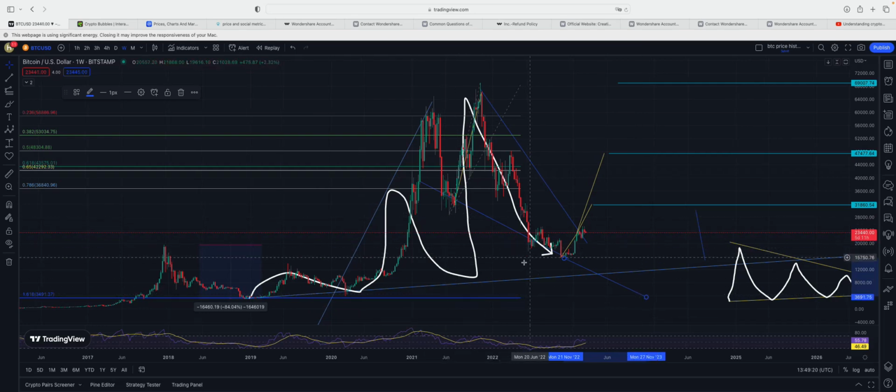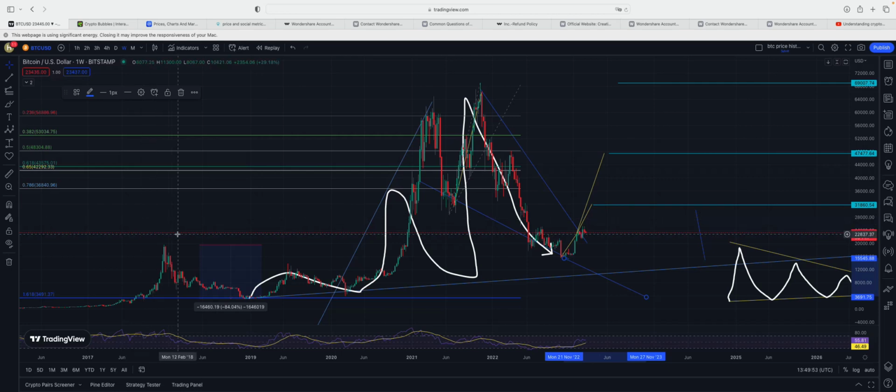So if this is to come to 3,000, it will not only be the confluence with the 1.618. 1.618 is like the center of everything for Fibonacci. It's kind of like this 0.618.